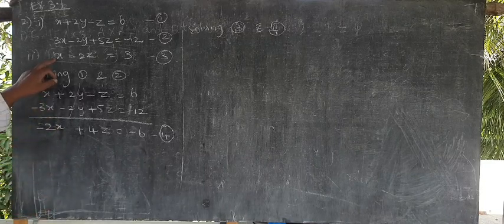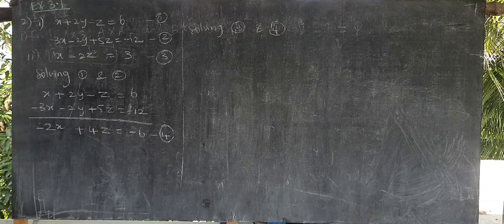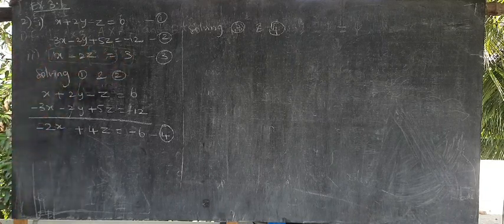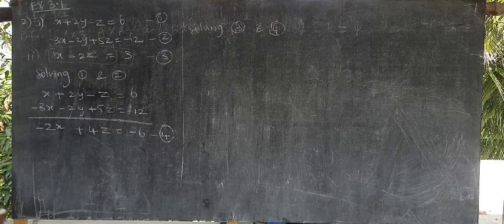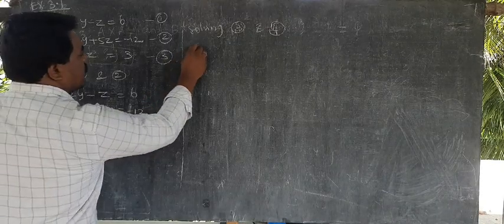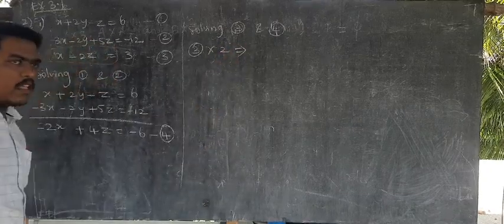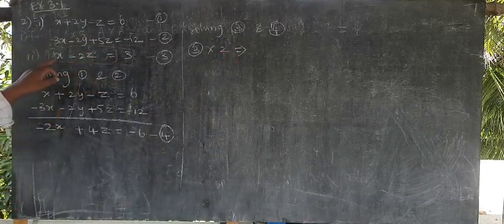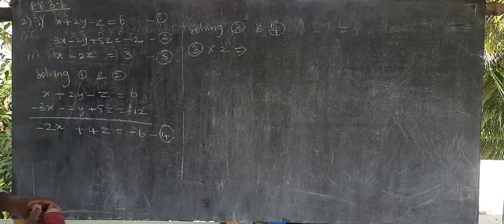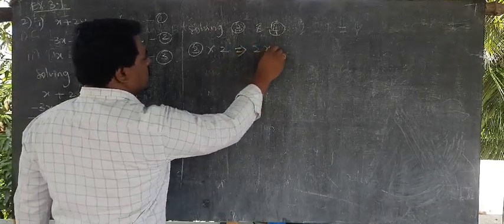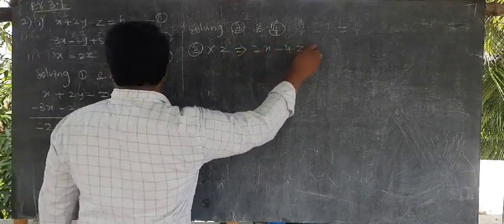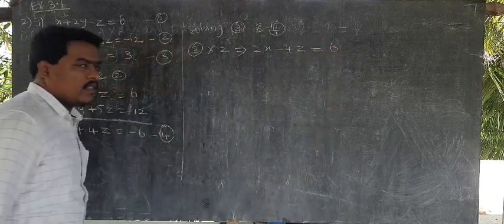So I multiplied equation 3 by 2. Multiplying by 2 means the whole equation is multiplied by 2, right? So 3 into 2 gives 2x minus 4z equal to 6.